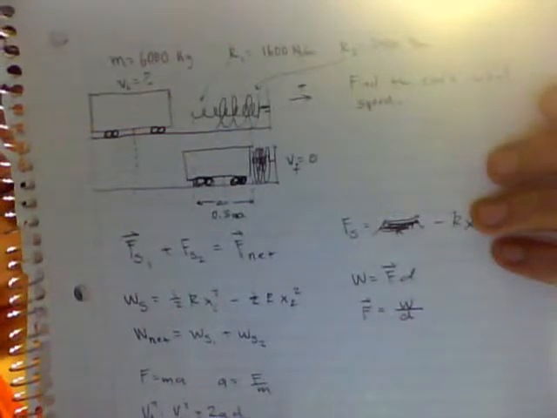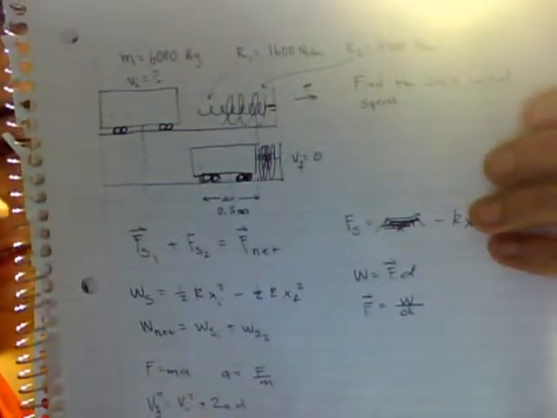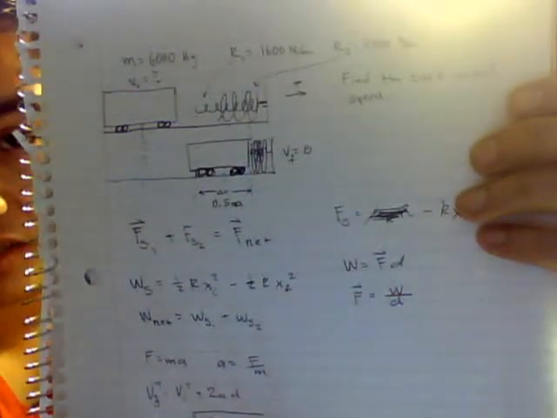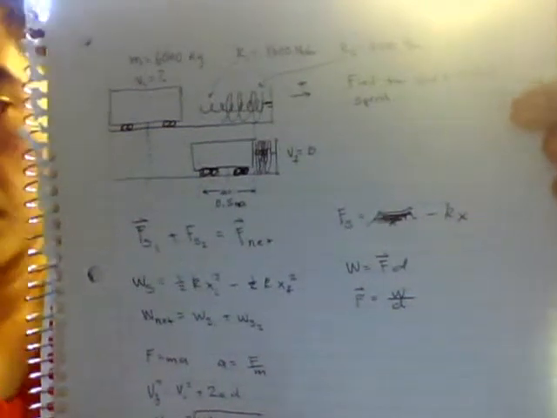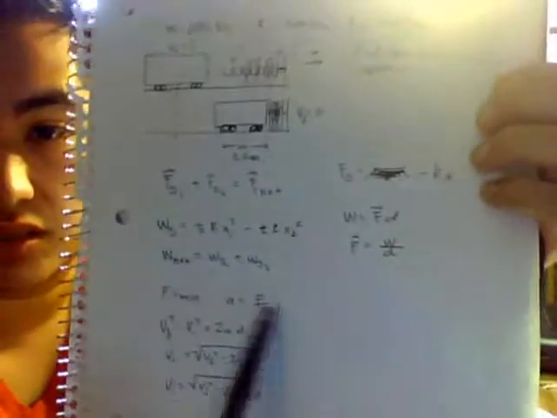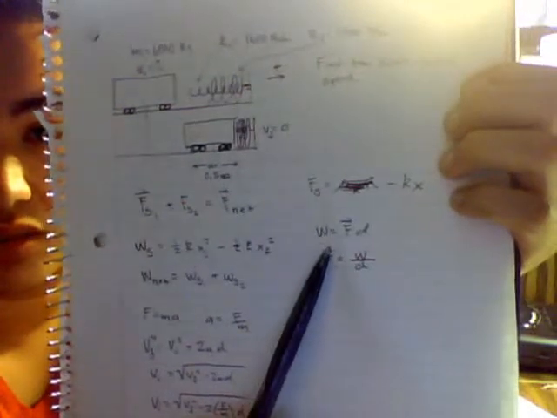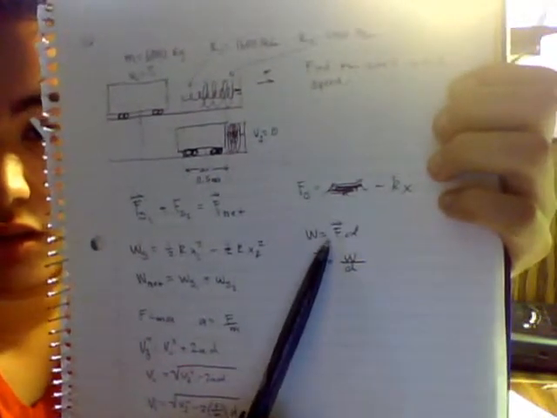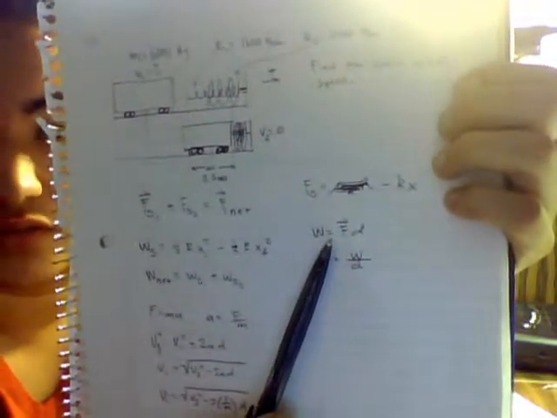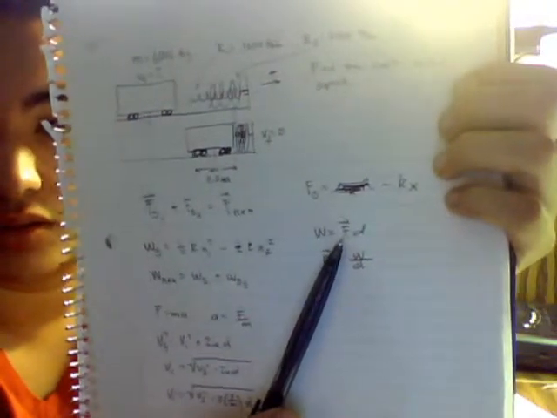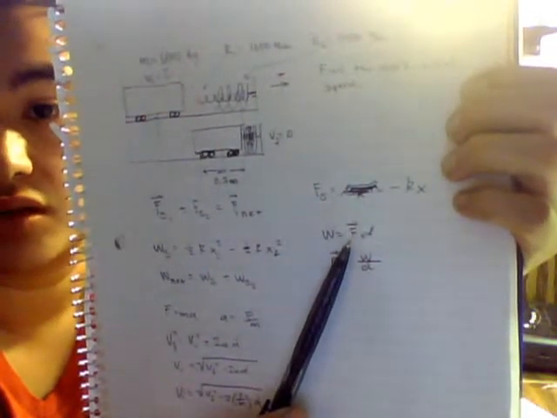You have to solve for the work done by the first spring on the car, and then you solve for the work done by the second spring on the car. So you're going to be using this equation right here, work, for the first spring you're going to do this, and the second spring.